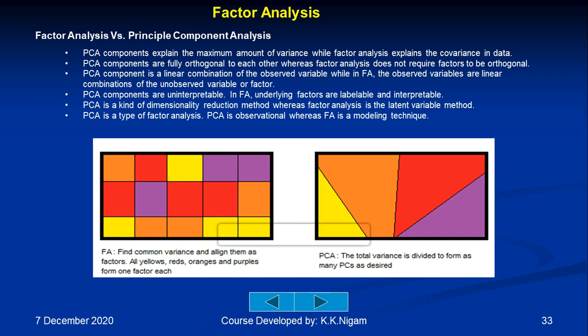PCA components are uninterpretable. In factor analysis, underlying factors are labelable and interpretable. PCA is a kind of dimensionality reduction method, whereas factor analysis is a latent variable method. PCA is a type of factor analysis. PCA is observational, whereas FA is a modeling technique.